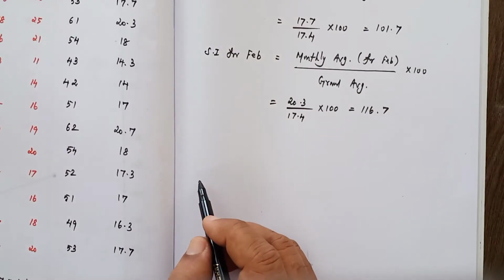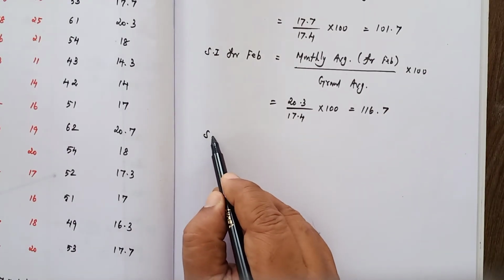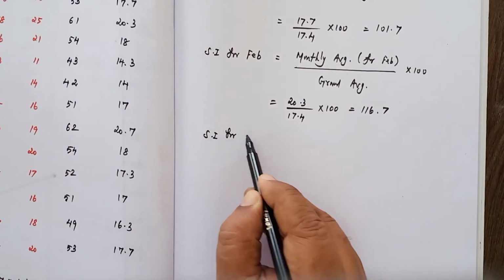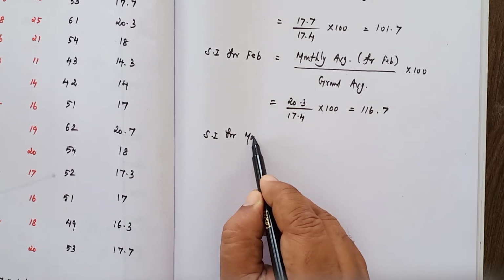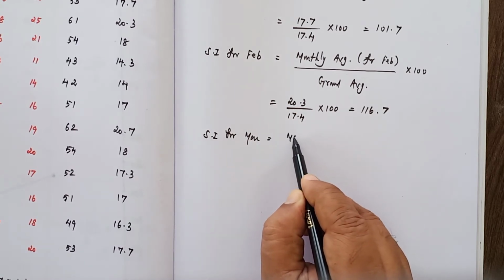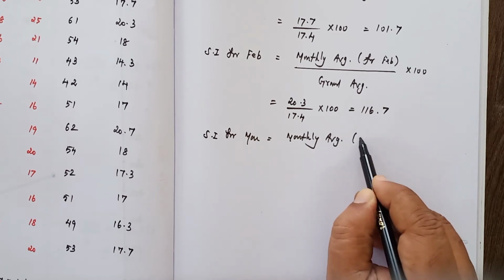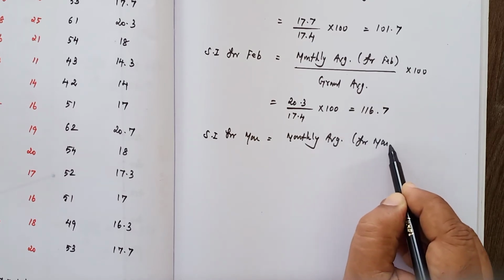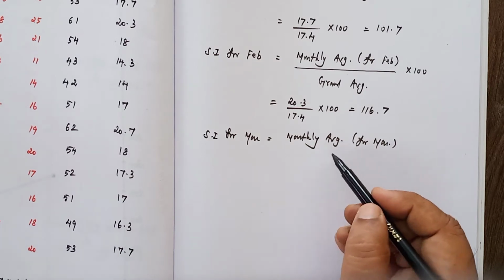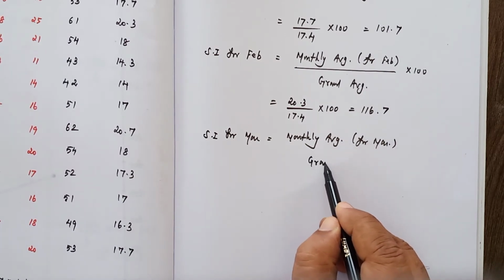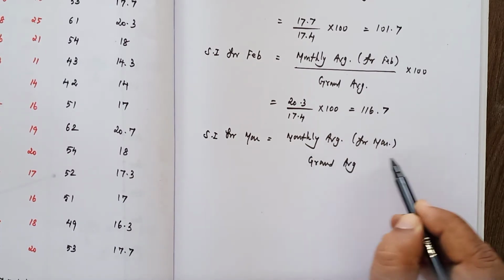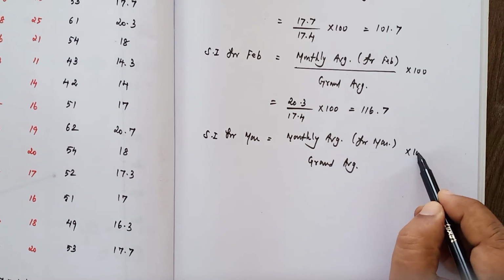Now the seasonal index for the month of March equals the monthly average for March divided by the grand average into 100.